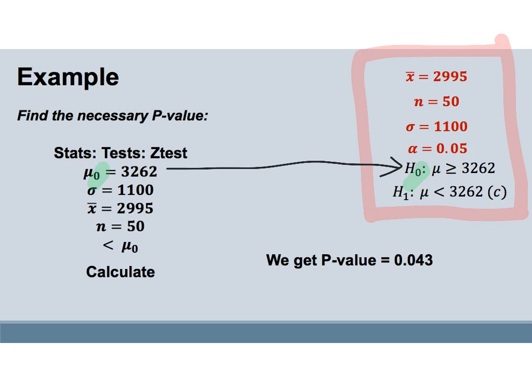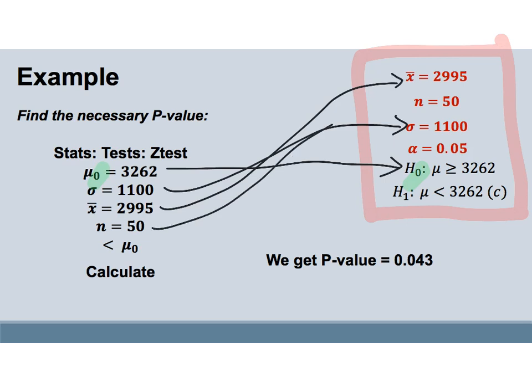Sigma, I wrote down from the problem. X bar, I wrote down from the problem. N, I wrote down from the problem. So all those were in the reading.